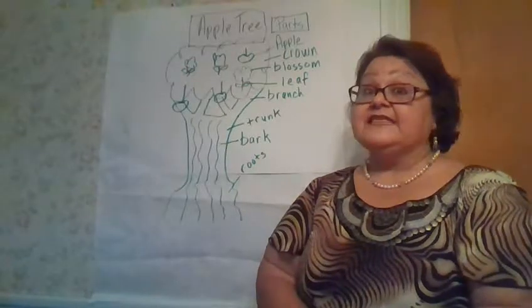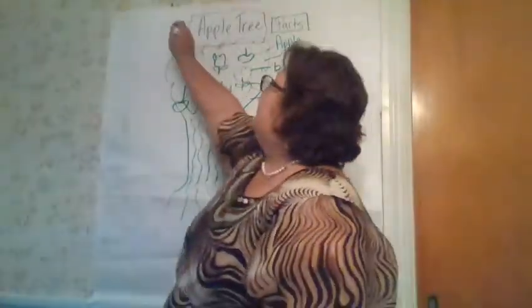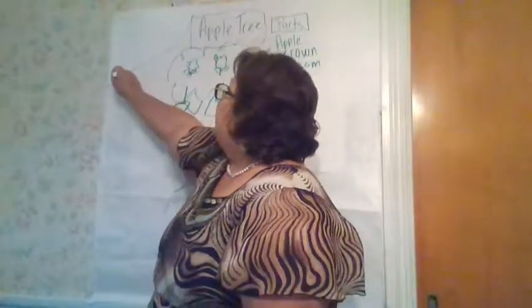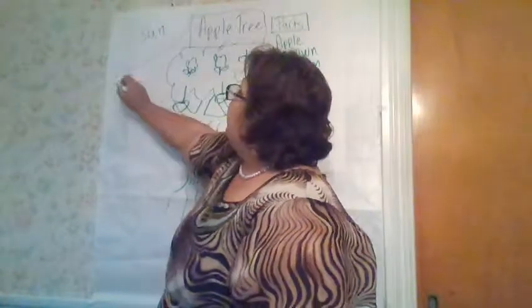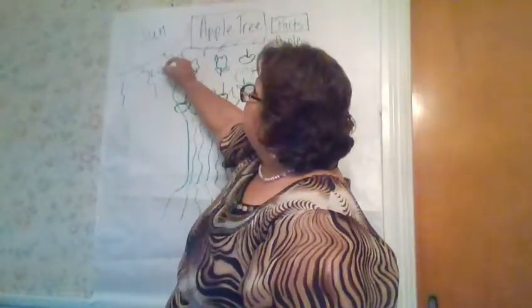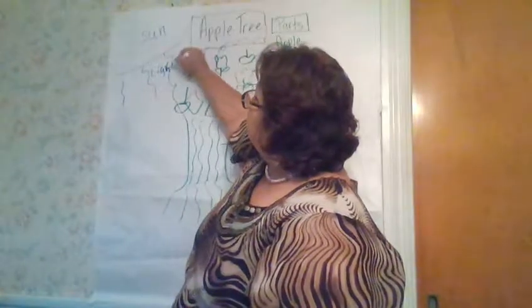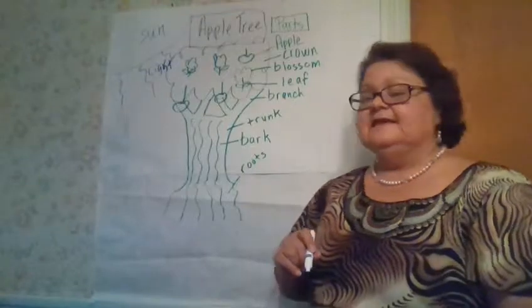Well, one of the things an apple tree needs to survive is the sun. And it needs the sun's light. So it needs the sunlight from the sun.